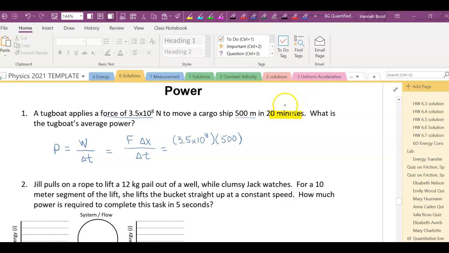So this is 1200 seconds. 20 minutes times 1 minute, or 60 seconds per minute. Okay.